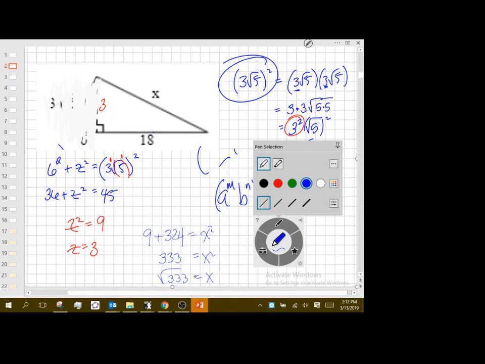Okay, so radical 333, I believe, simplified, I got 3 radical 37. Is it? I put 9 in there. I don't know what I did. So let's see. So 333 is going to break down to 3 and 111, right?